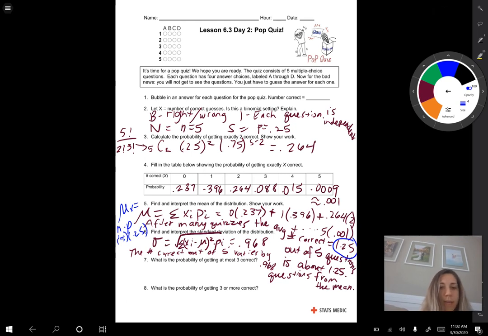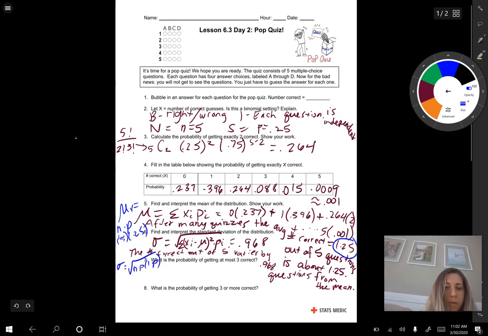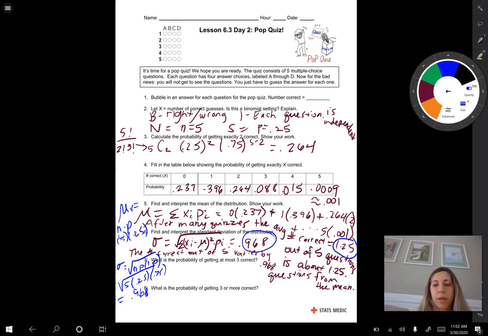For the standard deviation, that's the square root of n times p times 1 minus p. So that would be, in this case, the square root of 5 times 0.25 times 0.75. And that would also get you 0.968. So that's what you have for you there.